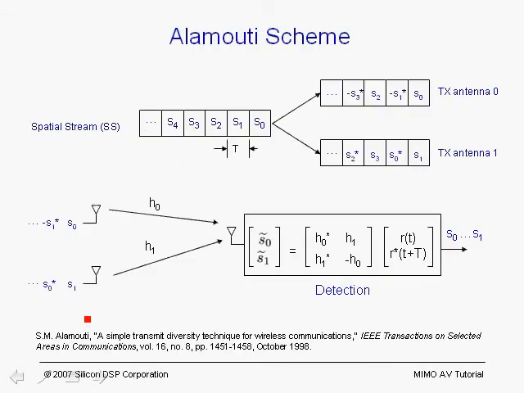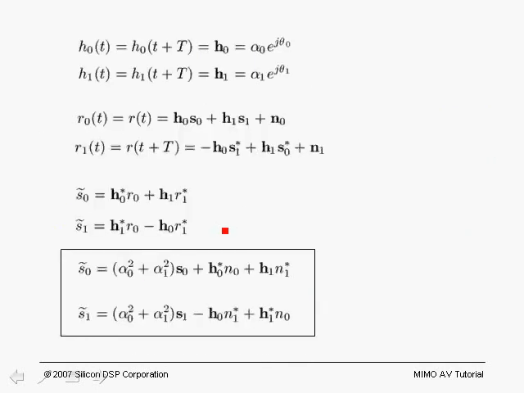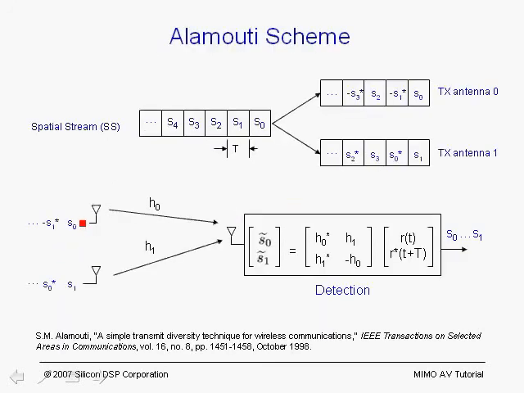At this time slot, we get the received signal equal to minus S1 conjugate h0 plus S0 conjugate times h1 plus the noise. So that's this expression over here. So now we have the expressions for r0(t) and r1(t), and r1(t) is r(t) delayed by T seconds. So this corresponds to r0, and this corresponds to r1.